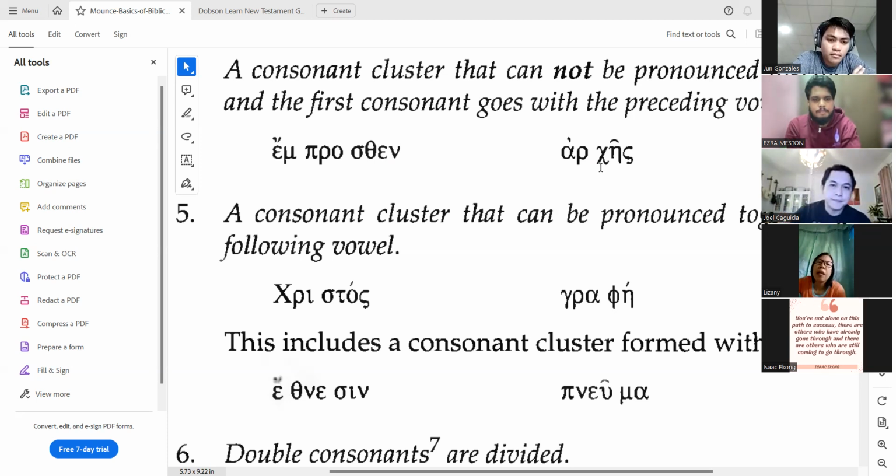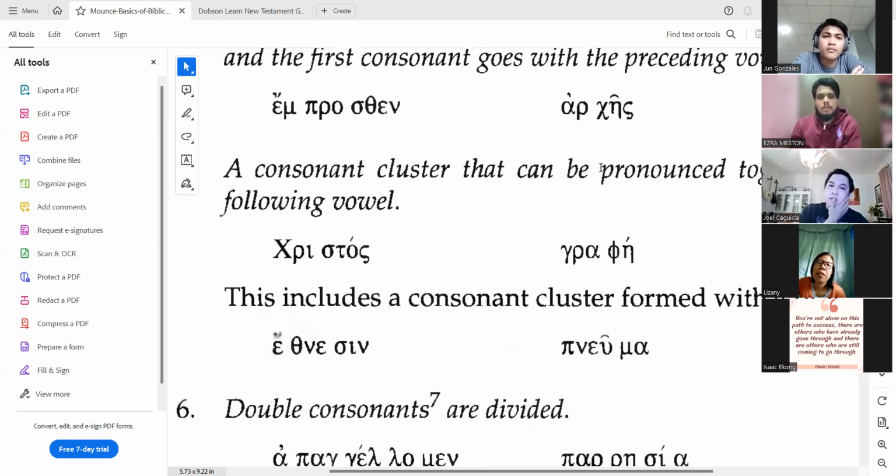Remember archaeology. So it is related to the word arcade. In the beginning was the logos, ho logos. Arches and ho logos. Beginning was the word, okay? And then this is the capital form. Christos. Christ.